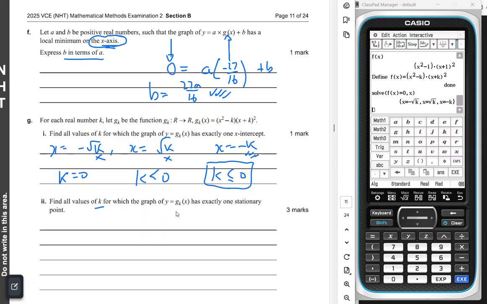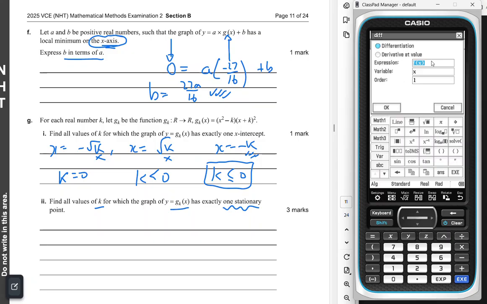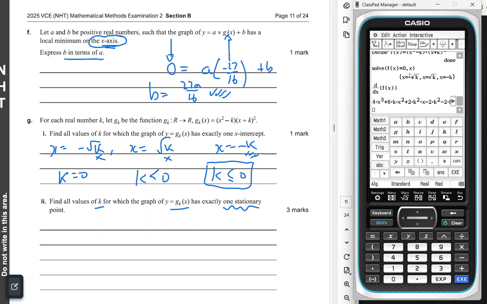Find the values of k for which the graph of this has only one stationary point. So if I take the derivative of this, calculate diff, simplify, oh beautiful.